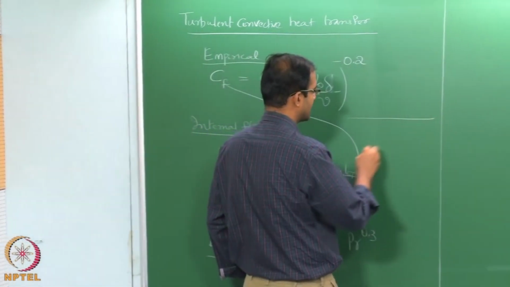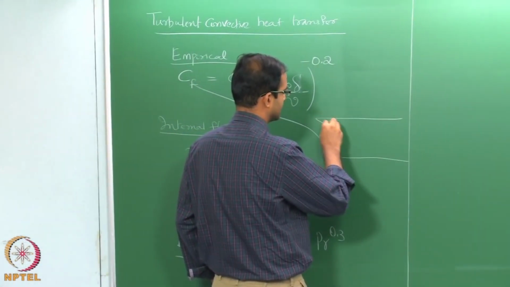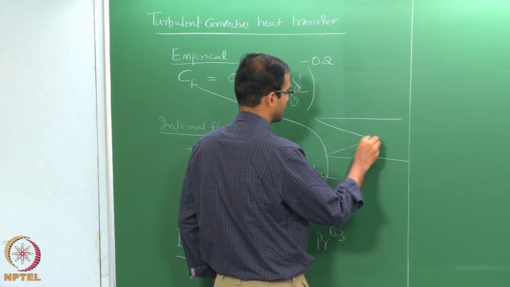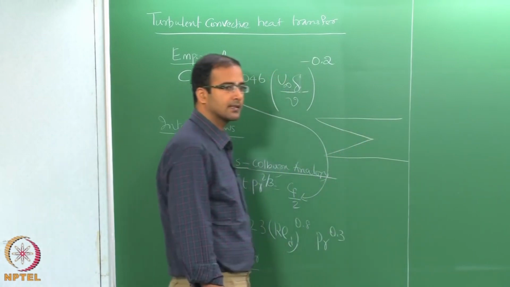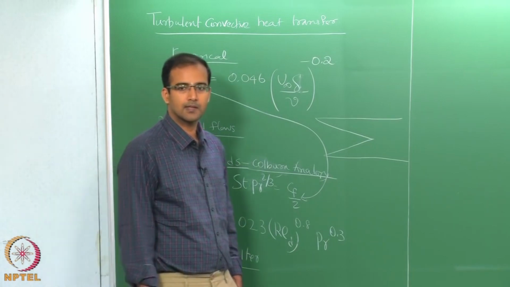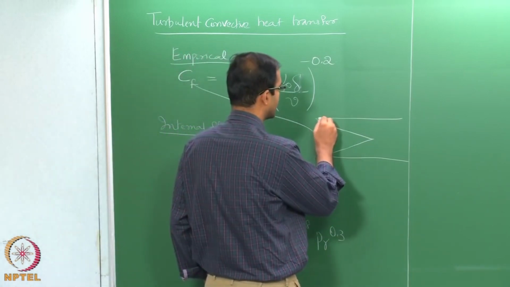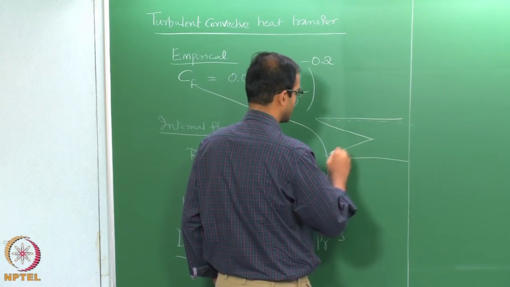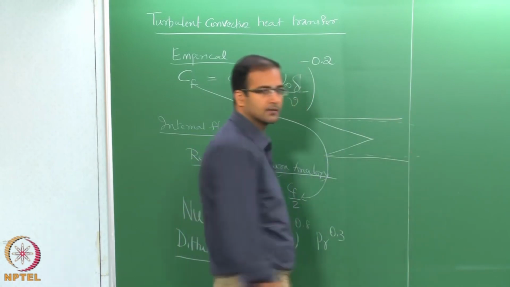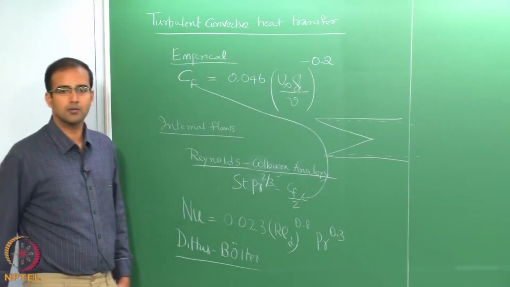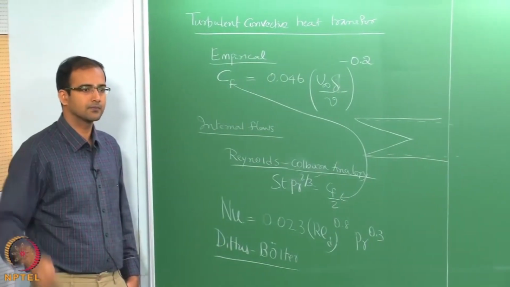It is only the turbulent boundary layer. When you say these two boundary layers, these are the turbulent boundary layers. So, only these are merging, but the viscous sublayer will not merge. This is very close to the wall, it will not merge.